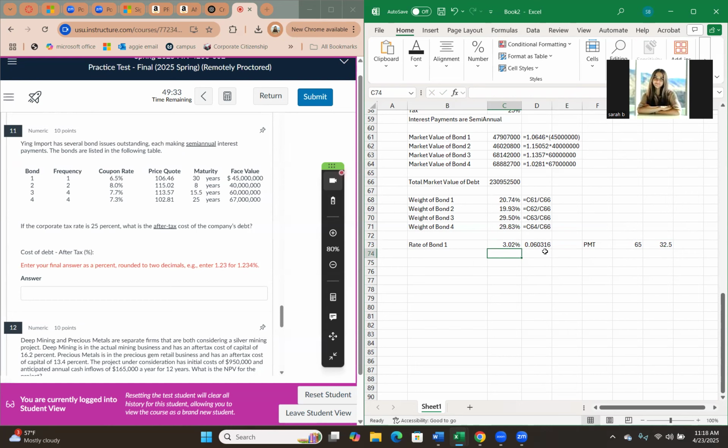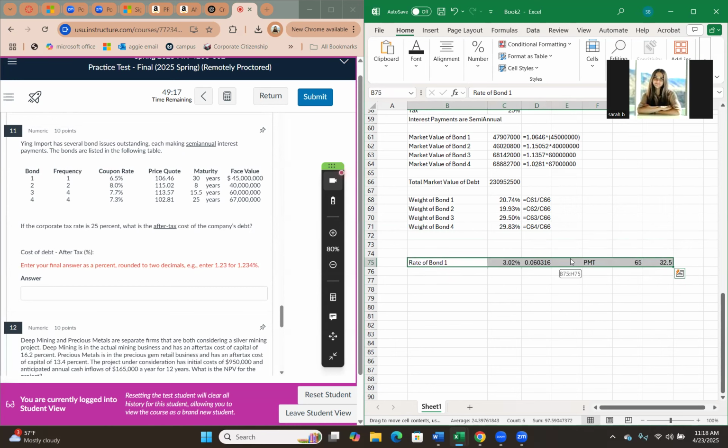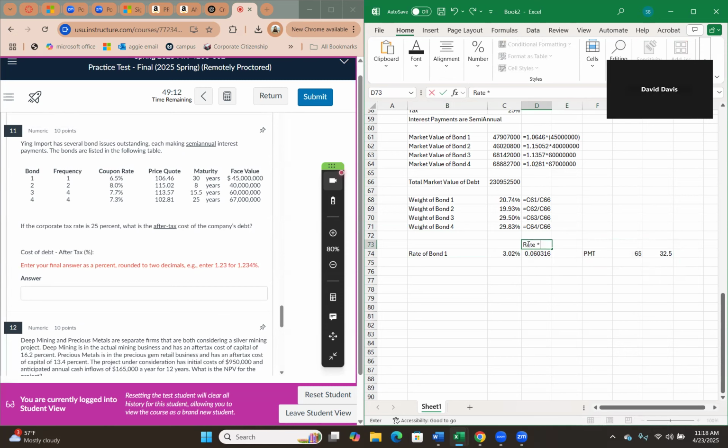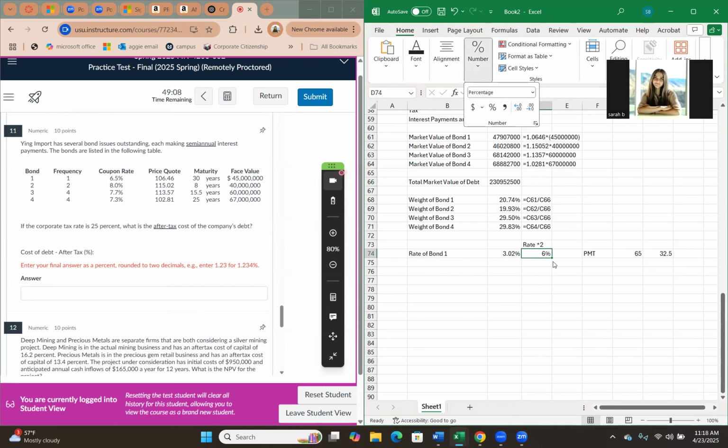But your overall percentage, that whole formula has to be times two, because that's per payment, not per year. Yeah, and that's what I've done right here. It's just multiplied by 2. Does that make sense? Is that right, David? Is that what you were thinking? Yes. Okay, sweet. So I'll make this a percentage.